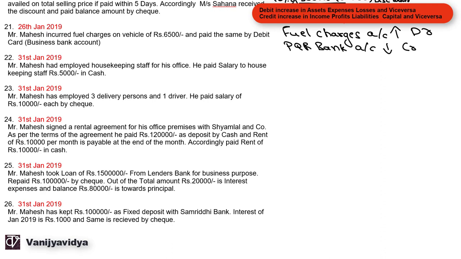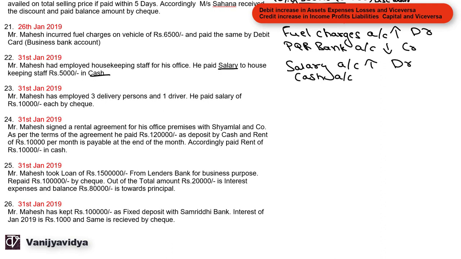So what are the two accounts that are affected? One is salary account, and since he has paid in cash, the other account is cash account. Now salary account is an expense account. There is an increase since he has paid the salary. There is an increase in the salary account. So we have to debit.